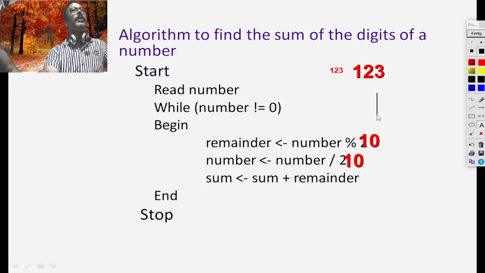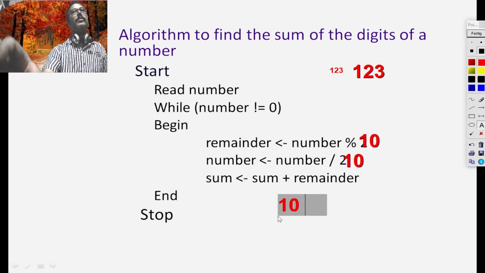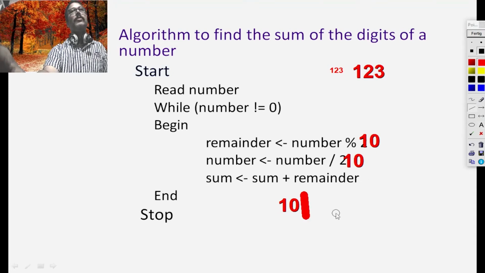What happens when you divide by 10? What is 123 by 10? It is 12. So when I divide 123 by 10, what is the quotient?